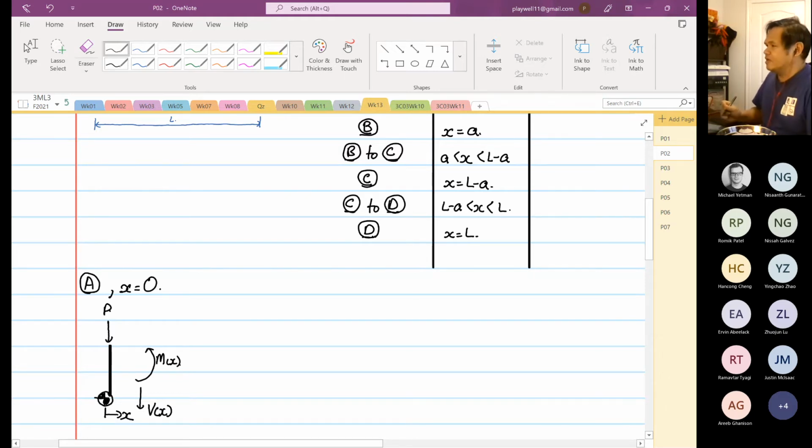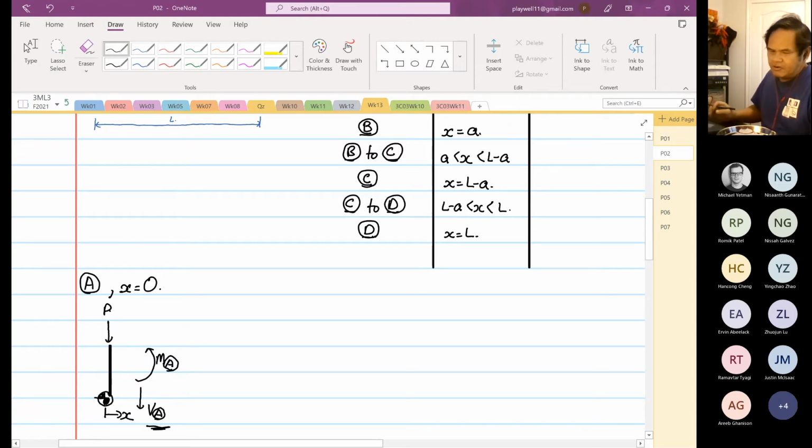When I was an undergrad, I always asked myself why V as a function of x is not going up. Sorry, at this point it's not V as a function of x, it's V_A. I asked myself why V_A is not pointing upwards to resist the load P. It was bothering me.